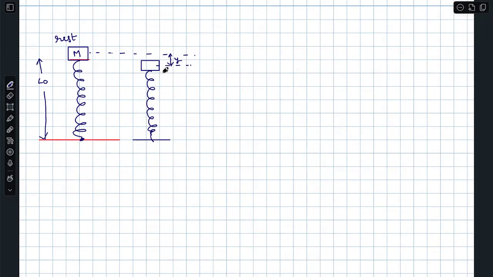Different forces are exerted. The spring will exert a force of ky upwards, weight mg downwards, and instantaneous velocity v downwards.